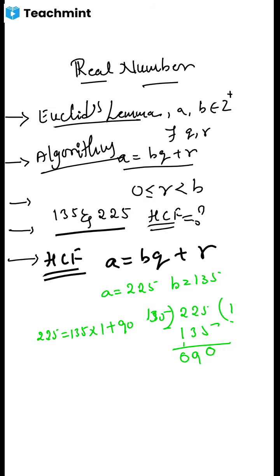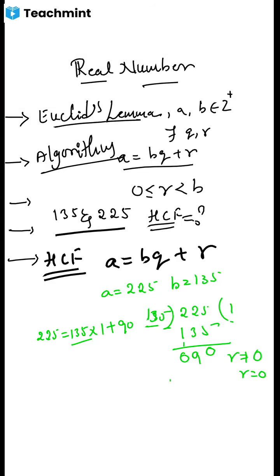Then, by considering the remainder and the divisor, we find the next step. Here r is not equal to 0, so we continue the process. When you get r = 0, then the divisor is the HCF of the given two numbers.